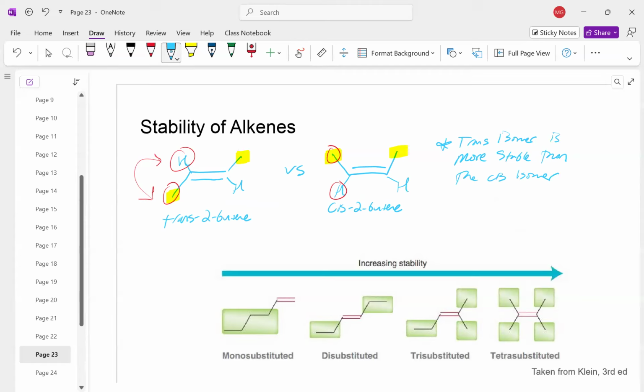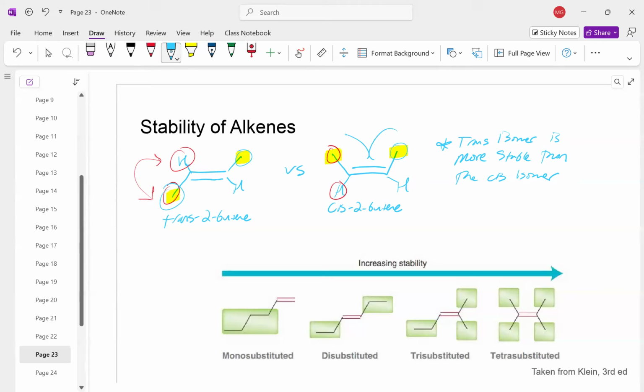The main reason for that is simply sterics. In trans-butene, the methyl groups on the ends are far away from each other. In cis-butene, it doesn't look like it on the drawing, but they're actually kind of encroaching on each other's van der Waals radii. So when the alkene is cis, it's a little less stable, not a whole lot, but a little less stable because of this sterics.